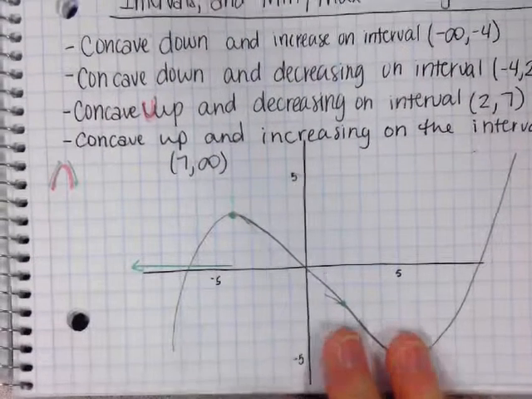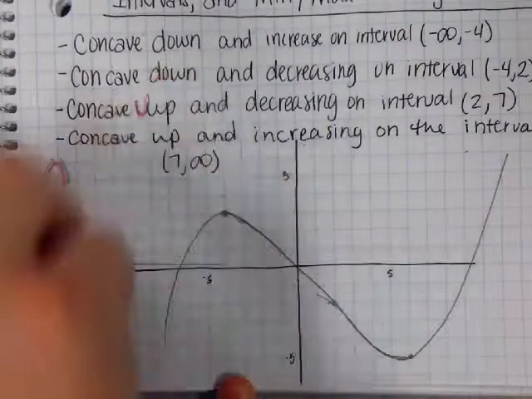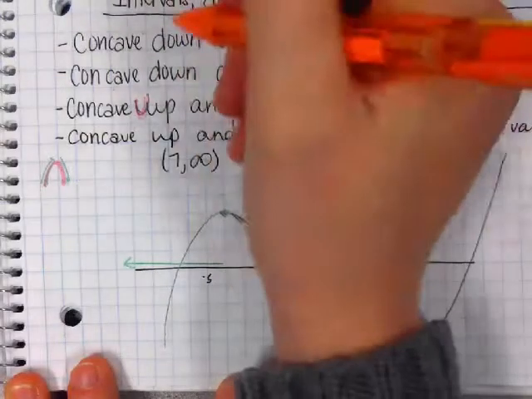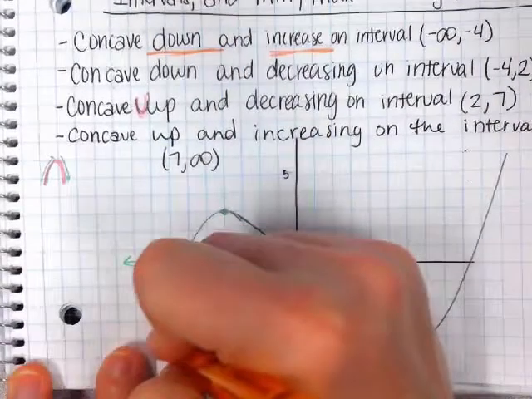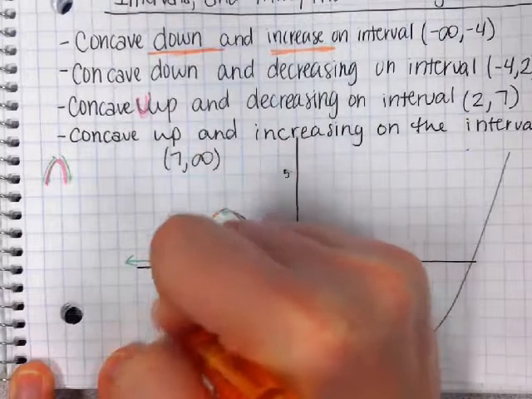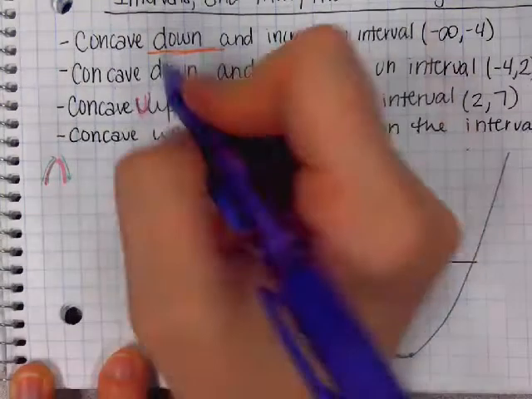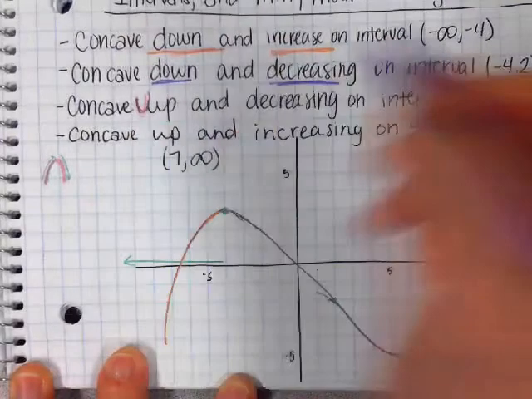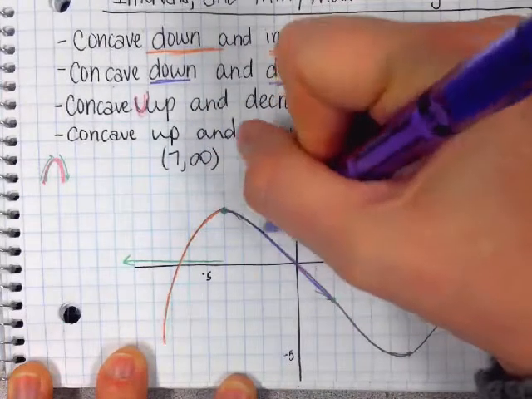Okay, so I'm going to talk about that again. I'm going to look over all of the parts of it. So concave down, I'm going to go ahead and color all of this concave down and increasing. So this is concave down and increasing. Concave down and decreasing is to this point.